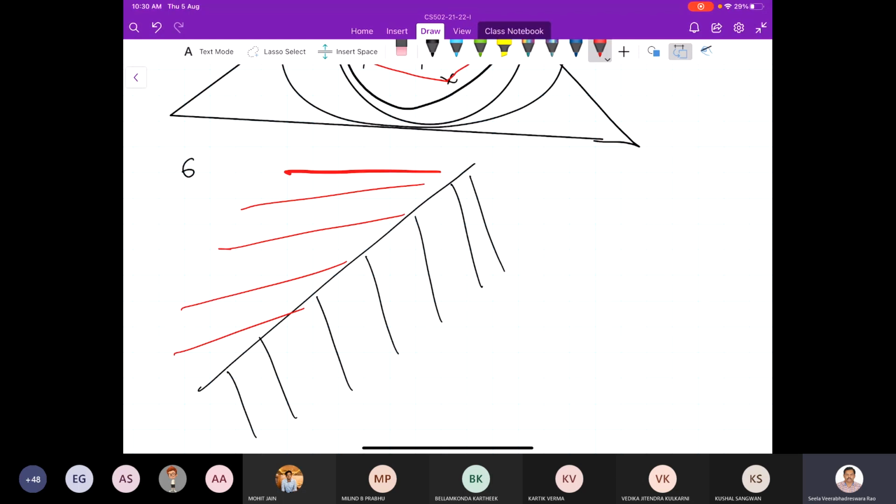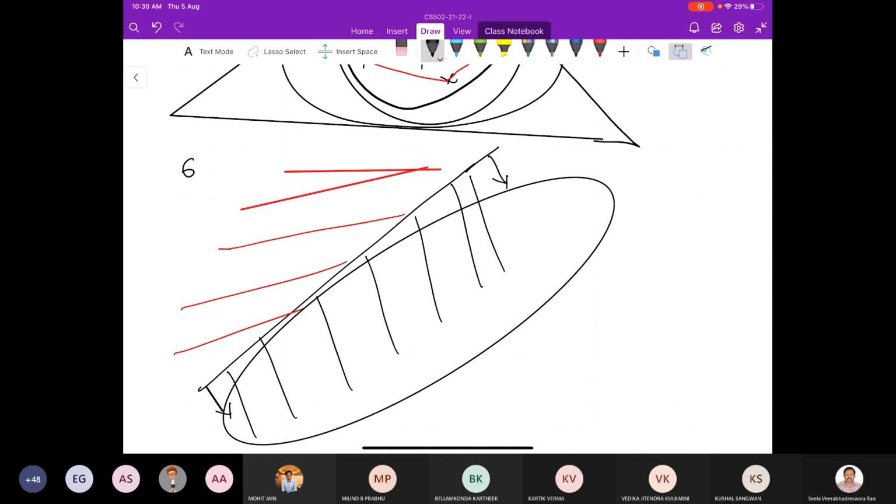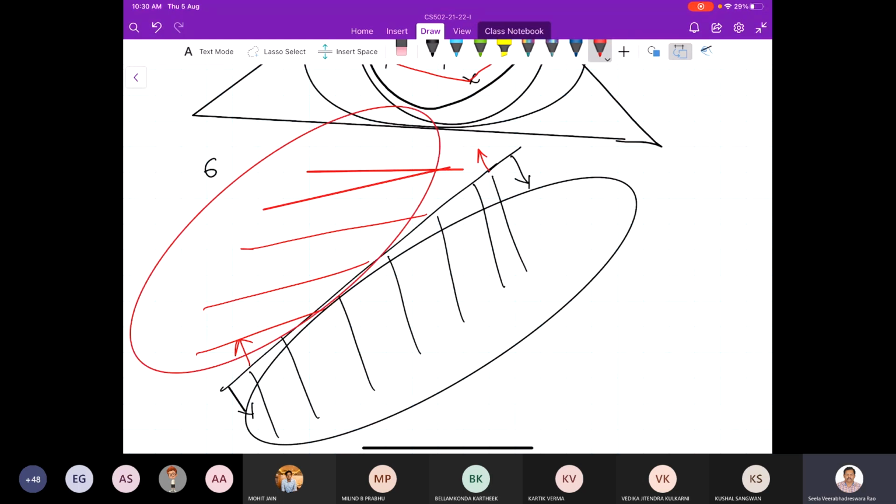So all the points which are on one side of this line, this is one half plane, and similarly on this side, all the points which are on this side of this line is another half plane.